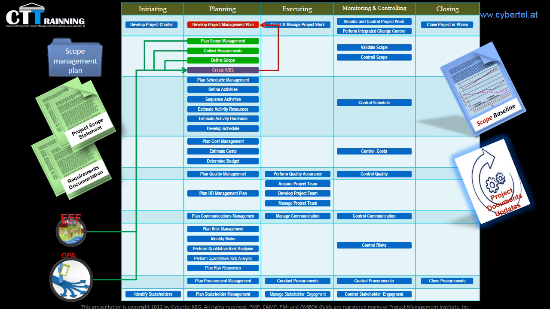We need it also in the define activities process, the estimate costs process, and determine budget. Also, we will need it in identify risks and perform qualitative risk analysis processes. And we will need it to validate the scope in the monitoring and controlling process group.